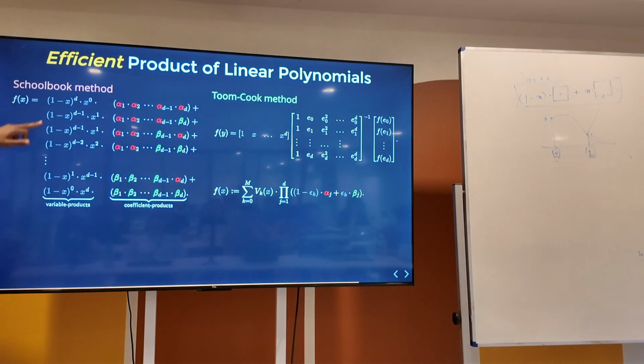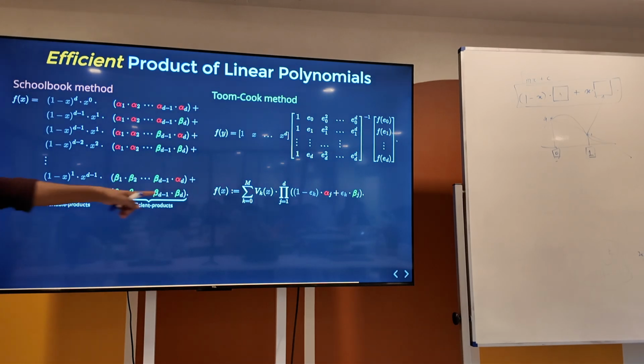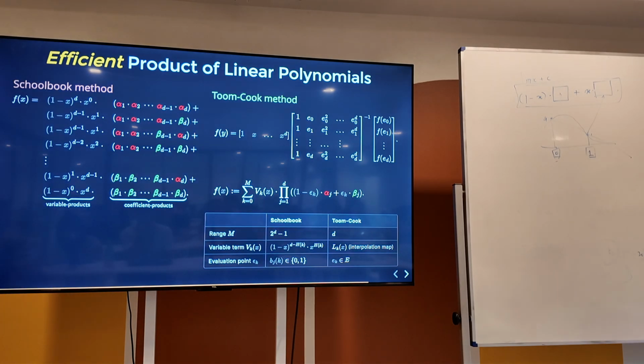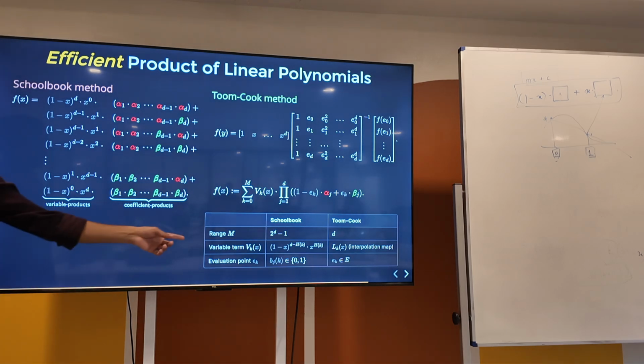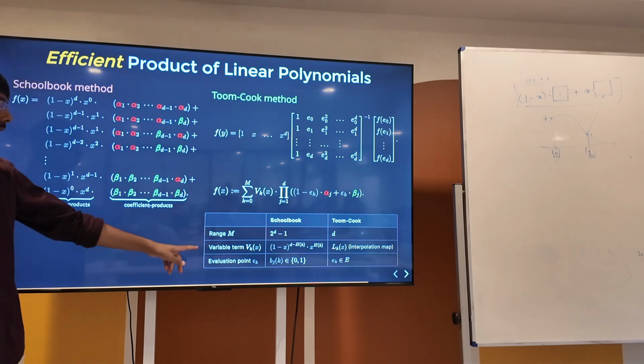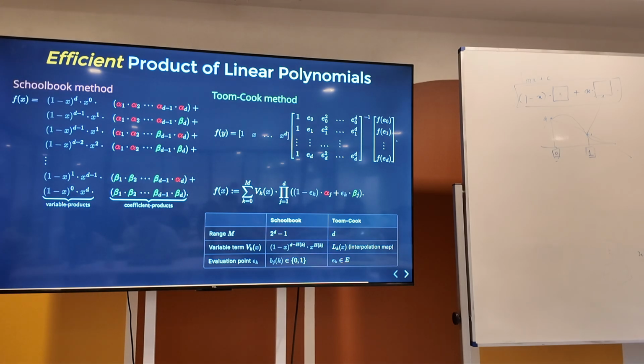There's a bunch of x terms multiplied by some coefficient terms. So this is a general form that I'm representing this full thing in. And we have a quick comparison of what happens in the two algorithms, the schoolbook and the Toom-Cook based algorithm. The range of this sum is exponential in the schoolbook, it's linear in the Toom-Cook. Rest of it, let's not worry about that.